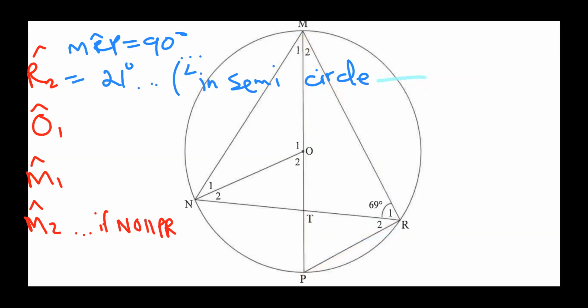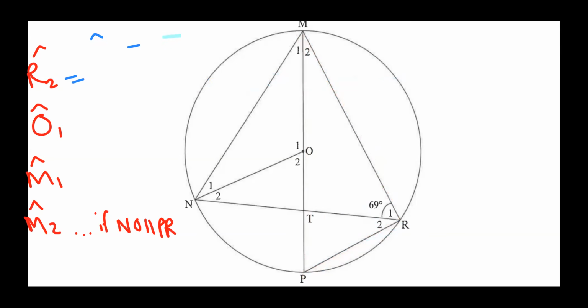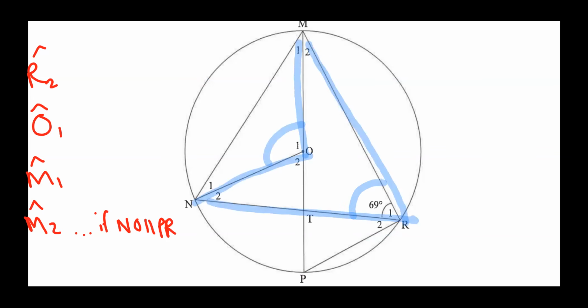Let's try for angle O1. Okay, so O1 is a bit easier to see, I would say, because it looks exactly like the theorem, which says angle at the center is equal to 2 times angle at the circumference. We're so used to this shape already that we can easily spot the answer there. And so we just times the 69 by 2, and then that's our answer for angle O1.